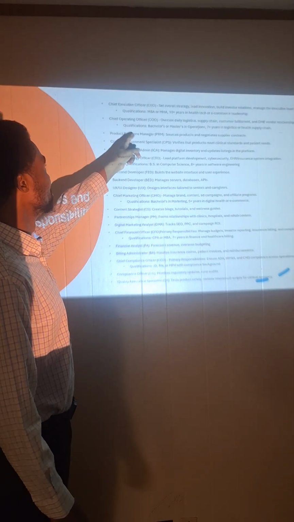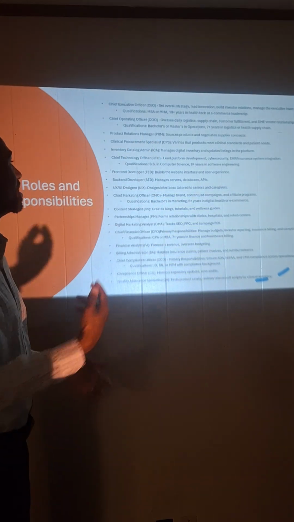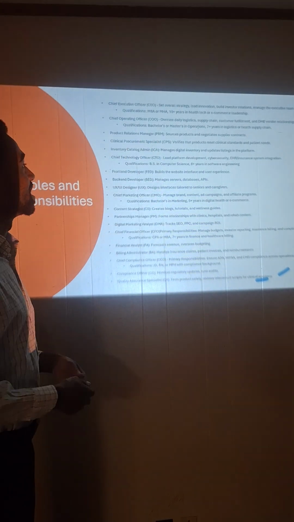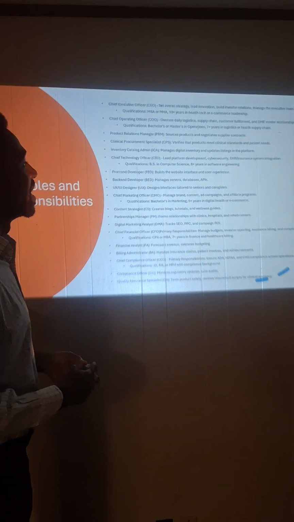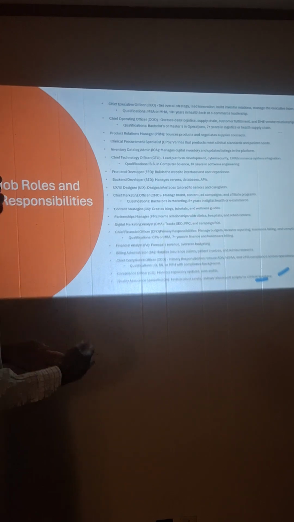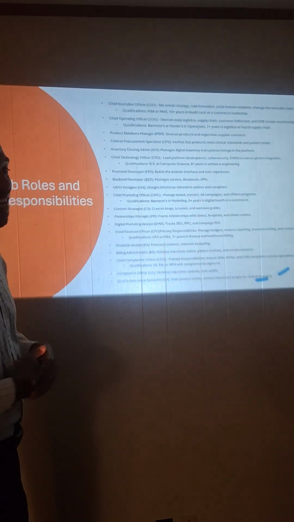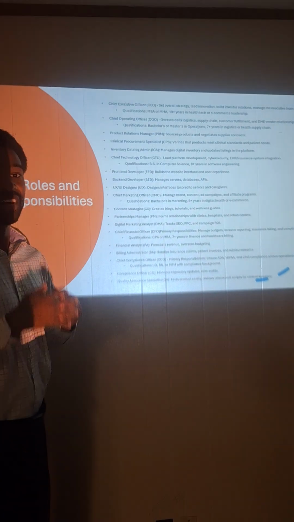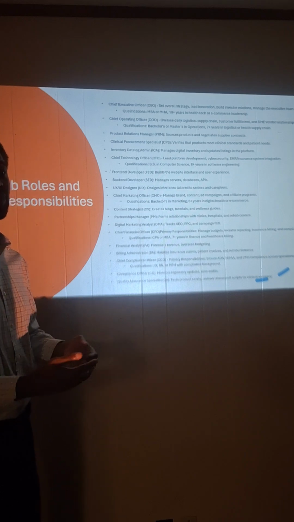You got the chief operating officer. The chief operating officer will oversee daily logistics, supply chain, customer fulfillment, and DME vendor relationships. So, how are the healthcare consumers getting that equipment?